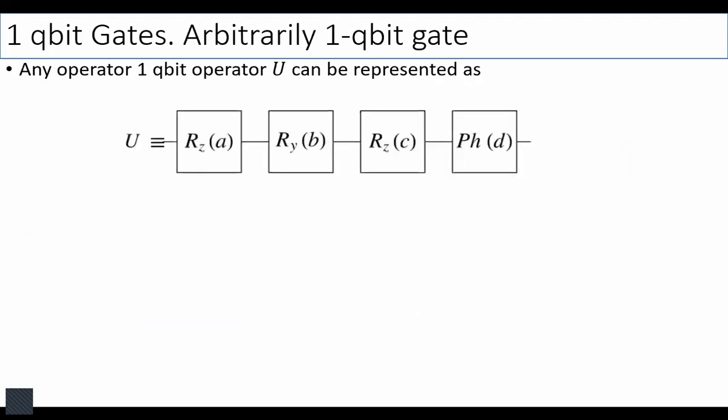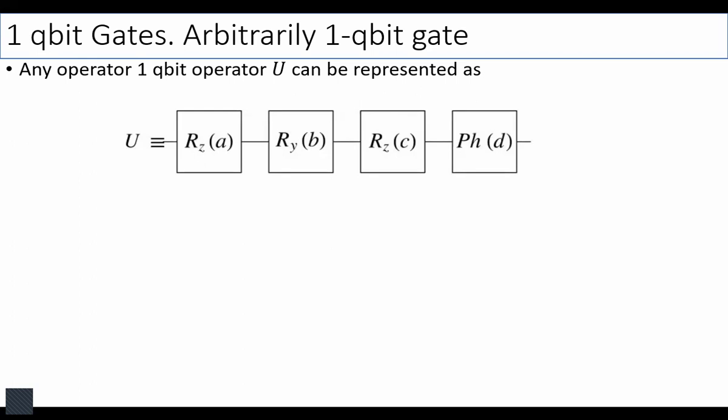What is true is a mathematical theorem, but I would not prove it, because for quantum computers the proof doesn't matter. It's a long technical argument, but it tells us that any operator U can be represented as a composition of Z rotation, this phase shift multiplying by a constant.